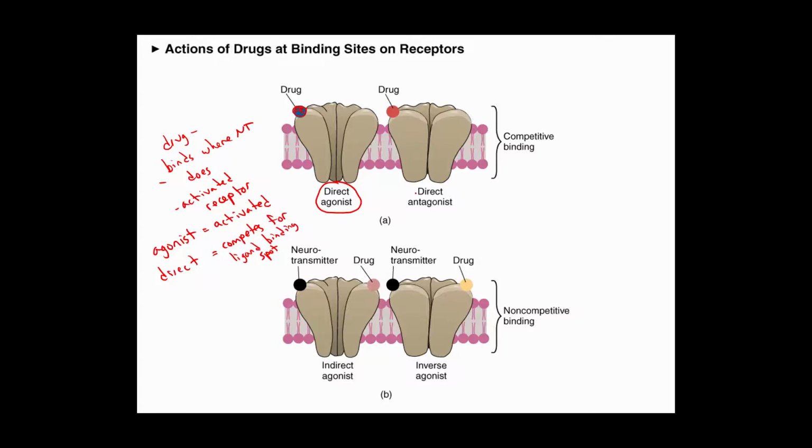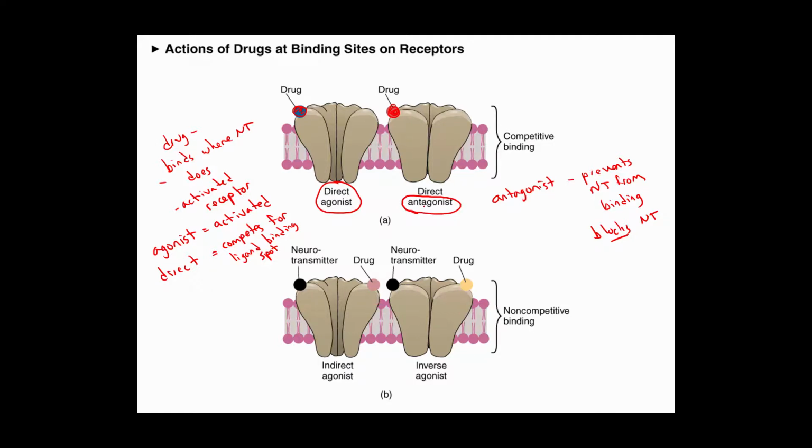Okay. Now, an antagonist is going to bind, but it keeps the neurotransmitter from doing its job. So it blocks the neurotransmitter's effect. So in this case, my drug is going to bind to the same place where my neurotransmitter would bind, but it doesn't open it up.